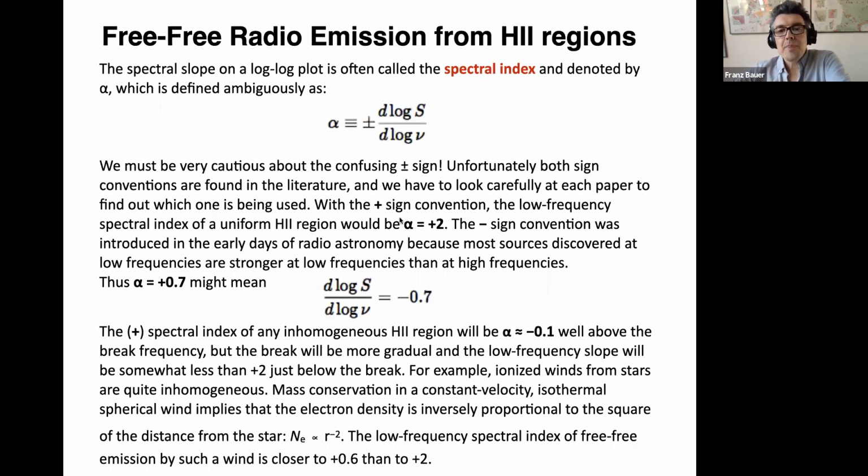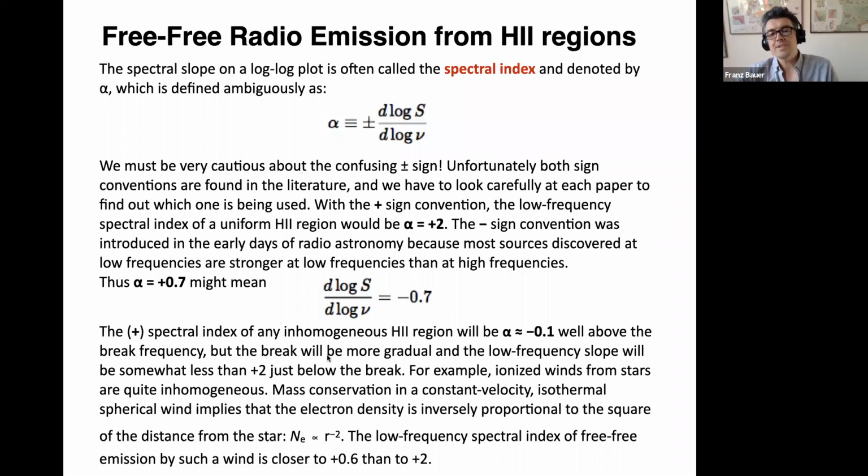So this is the convention radio astronomers use, but one has to be careful about it. And so an alpha of plus 2 really means this. Yeah. So if you have an inhomogeneous H2 region, the slope will be about minus 0.1, and it's well above the break frequency.